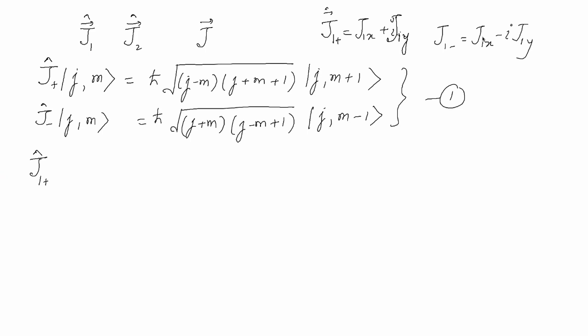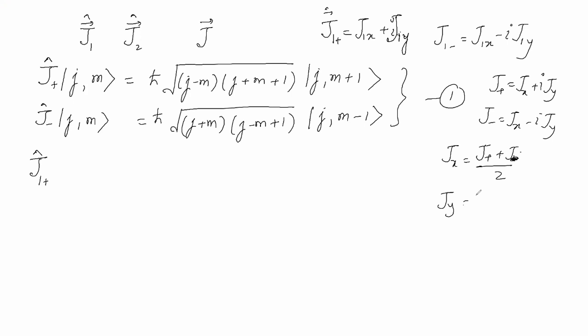Similarly, you can write for J2 plus and J2 minus. And J plus is Jx plus iJy, and J minus is Jx minus iJy. Using this, I also wrote Jx as (J plus plus J minus) by 2, and Jy as (J plus minus J minus) upon 2i. This is what I had written.